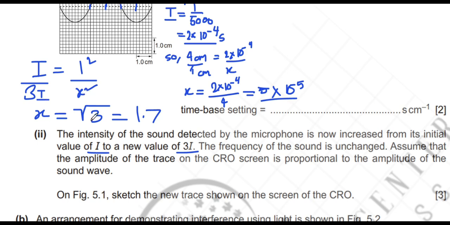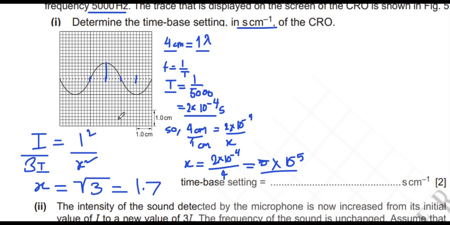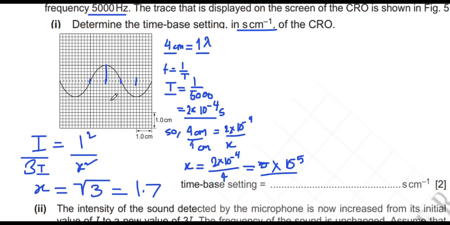So x square would be 1.7. The value of x means the new wave will have 1.7 amplitude. So if 5 boxes are equivalent to 1 centimeter, then 1.7 would be 4 boxes. This is the point where the graph will reach peak, like this, and like this. This is how you sketch the graph.